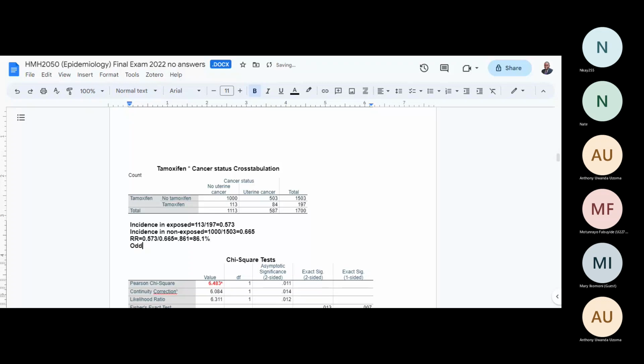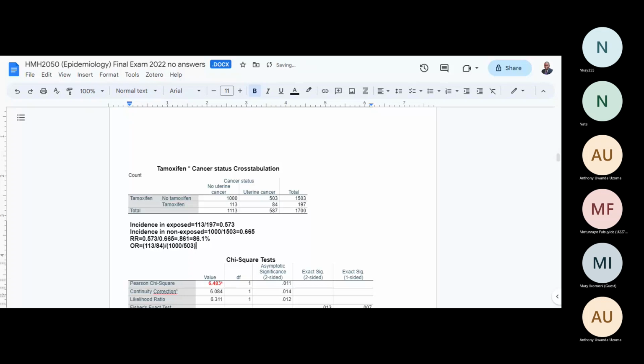So let's calculate the odds ratio. What's our odds ratio? It is 113 over 84, divided by 1000 over 503.